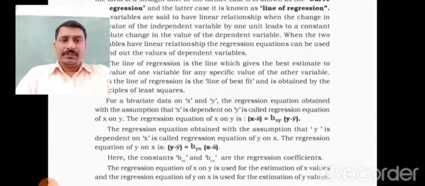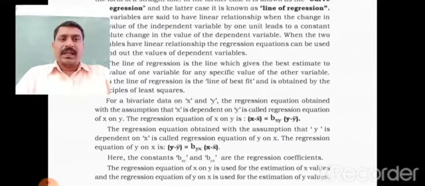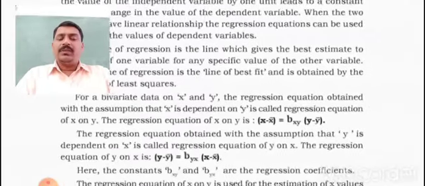The first equation, obtained with the assumption that x is dependent on y, is called the regression equation of x on y. We can read it as x is dependent on the y variable, and this equation is x minus x bar is equal to bxy into bracket y minus y bar.